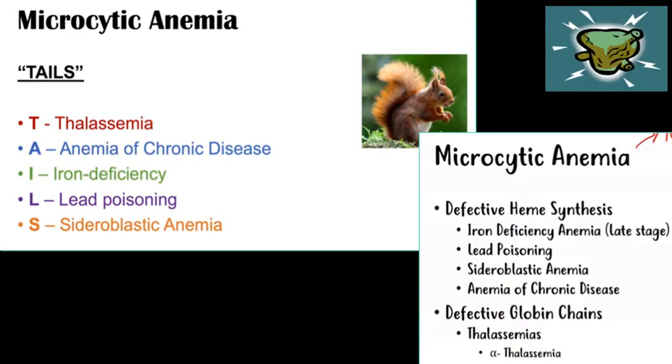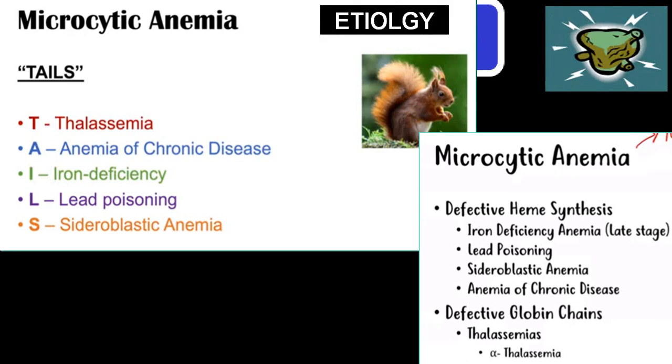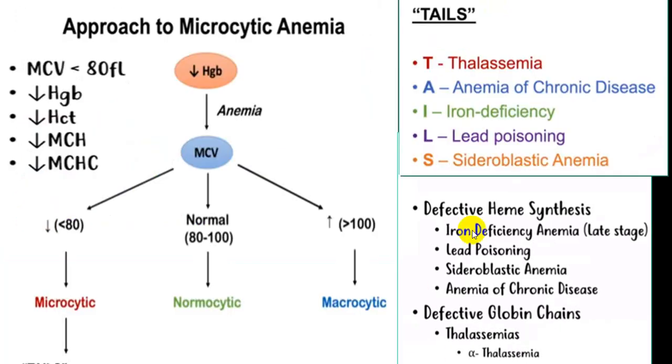We'll be discussing thalassemia in a separate lecture, by and large in the next lecture which follows this. So this is the etiology of two different groups. So TALES, defective heme synthesis, and globin.